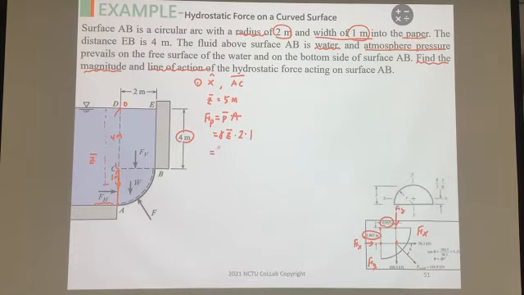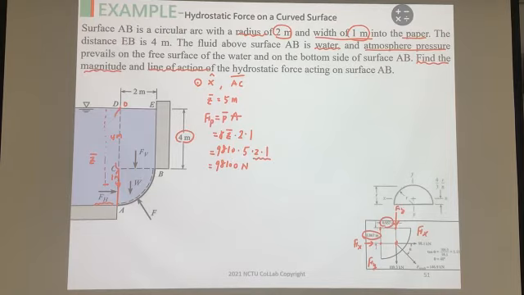Gamma is for water, so 9810 multiplied by 5 meters, multiplied by 2, multiplied by 1. This is the total area. So the answer is 9810, and 5 multiplied by 2 is 10, so 98,100 Newtons.